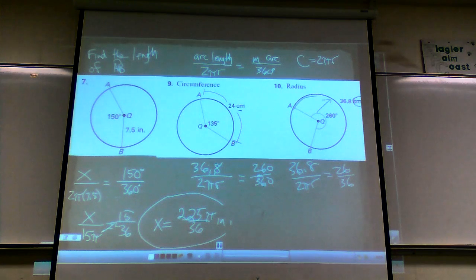It's just equivalent. If I do my cross multiplying here, what is 36.8 times 36? 1324.8, and then what's 26 times 2 pi? Like actual decimal, the whole thing out. Like actual 26 times 2 times 3.14. 26 times 6.28, whatever.